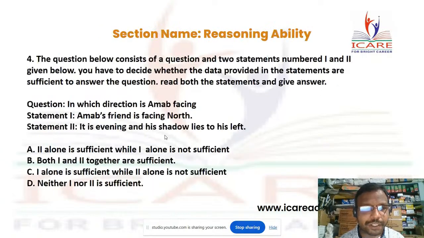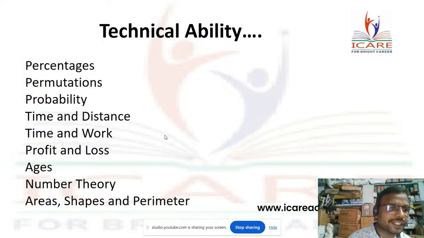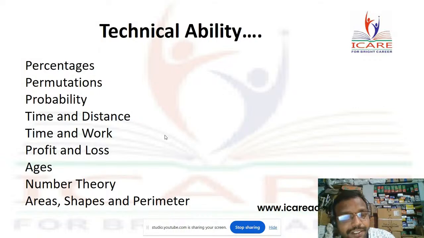The important topics are percentages, permutations and combinations. In percentages, you have to focus on the comparison between quantities and successive percentages, whenever they are given, how to convert them into a single equivalent percentage, and percentage change.